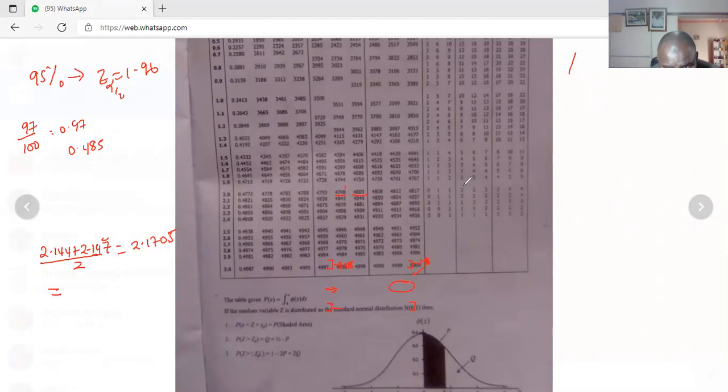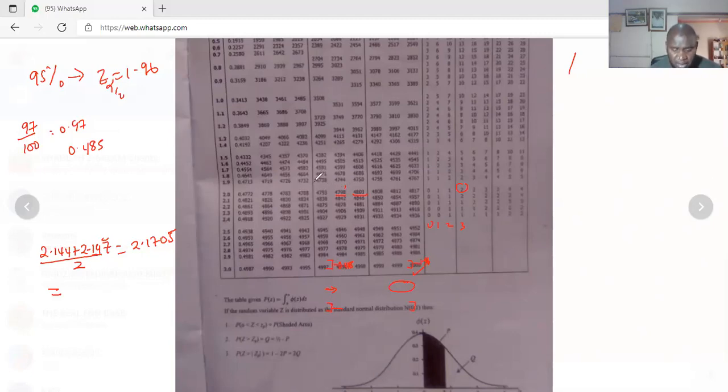So look for 2, the immediate 2 is here. This is 0, this is 1, 2, 3. So you should have read 2.0, then 0, 1, 2, 3, 4, 5, so 2.05. What is this for 0.48?